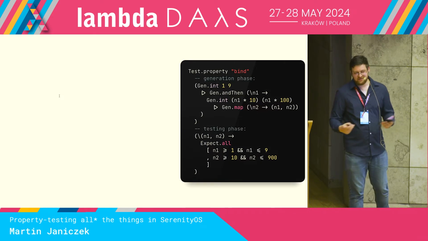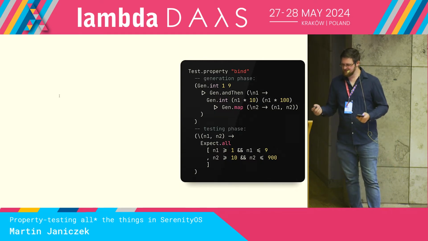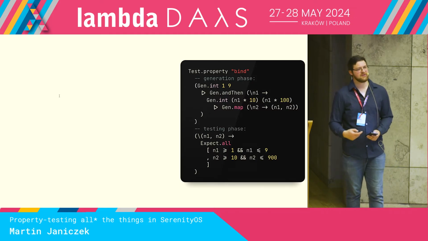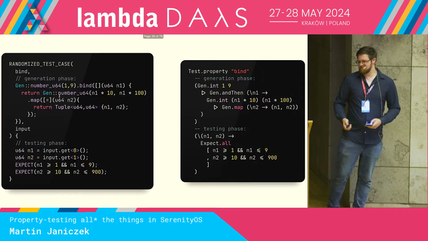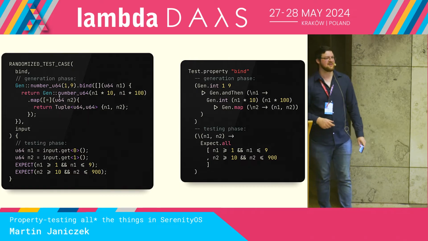They are just isolated. And if you want a value to be generated based on some other value, you need to use andThen in the generation phase. But in C++, this felt quite verbose, just not as good.